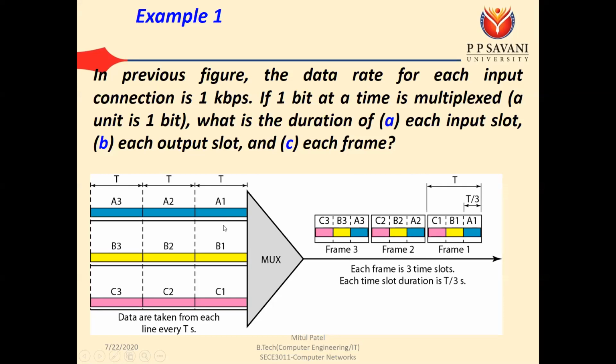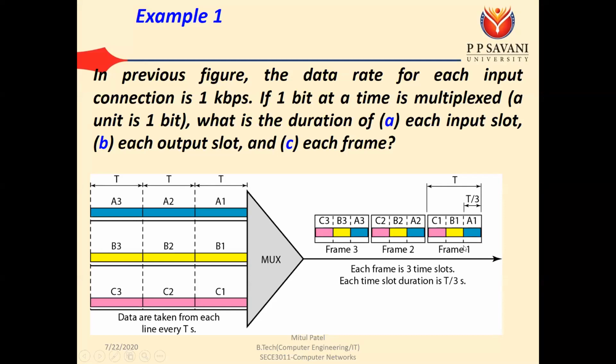The data rate is the inverse of the bit duration. So 1 upon 1 millisecond, so we can say that is 1 kbps. Okay, so here we have the output bit duration as 1 by 3 milliseconds. So we can say that the output data rate is 1 upon the output bit duration.